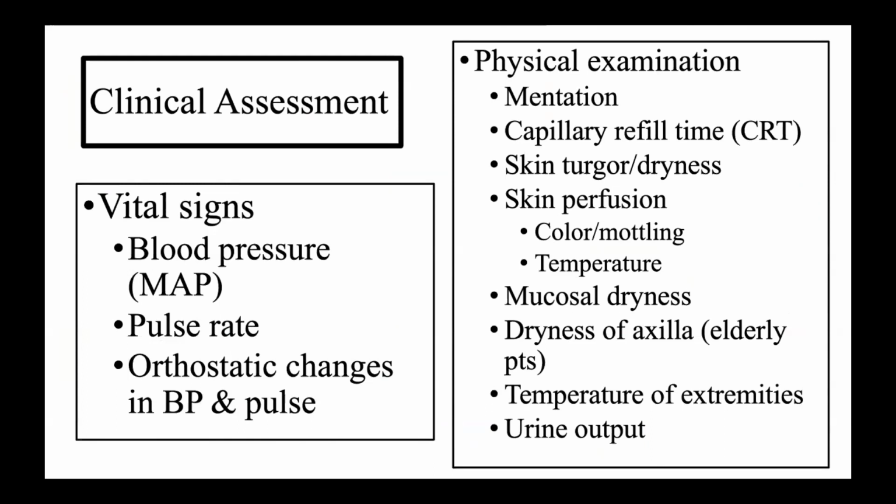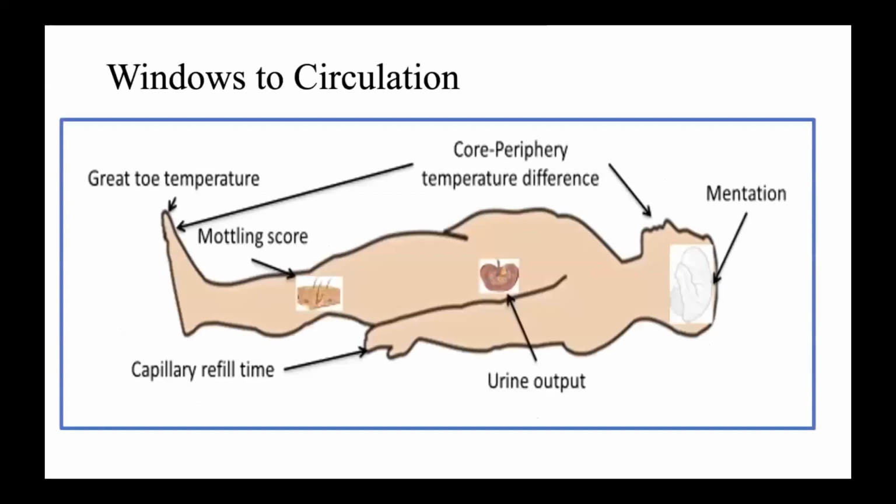Apart from this, physical examination including mentation of the patient, capillary fill time, skin texture dryness, skin perfusion, mucosal dryness of the axilla, particularly in elderly patients, temperature of the extremities, the temperature gradation from core to periphery, and urine output are the commonly suggested tests for clinical assessment of volume status of the patient.